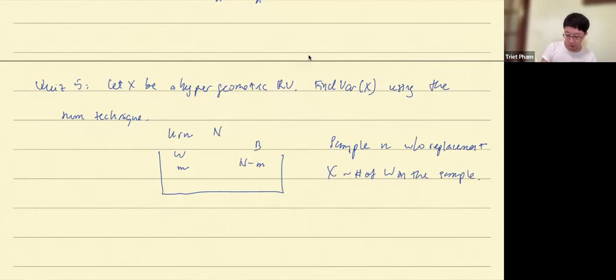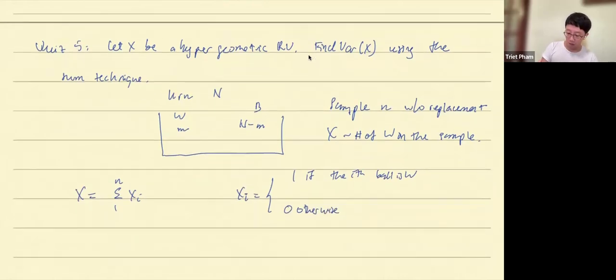So remember, we break X down into Xi, where Xi is 1 if the ith ball is white, 0 otherwise. And it's this thing right here that we want to now find the variance of.